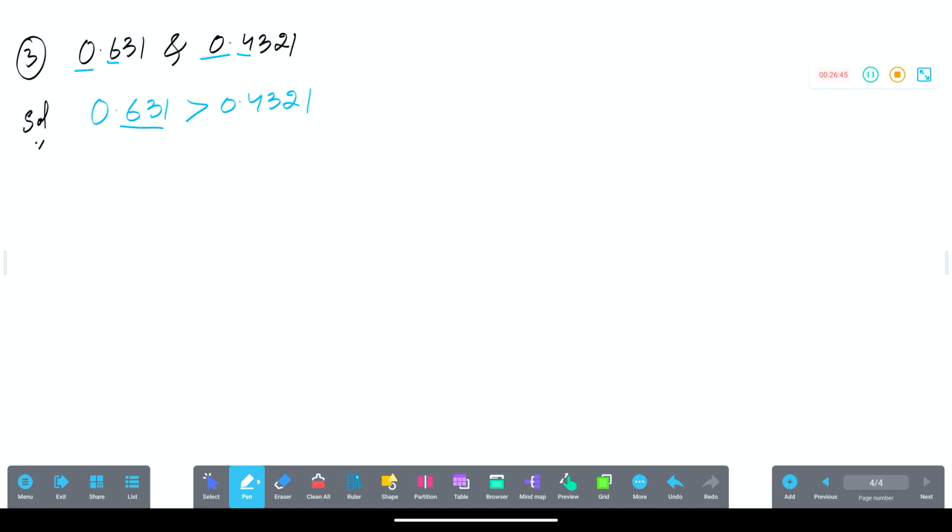And here it is 0.4321. I told you after the decimal point the number of digits doesn't make a difference in comparison. The number of digits doesn't make the decimal number greater. What makes it greater is the place of the digit. The 10th place here is 6 and here the 10th place is 4.